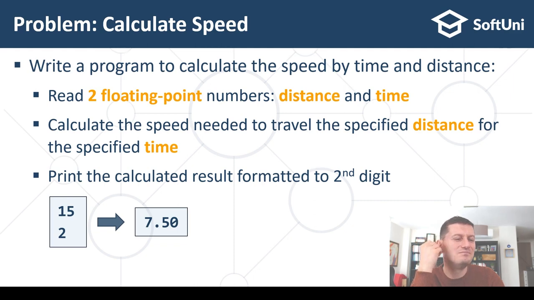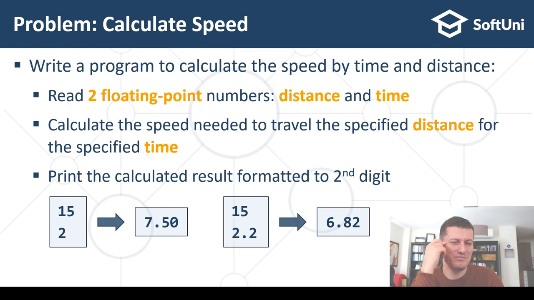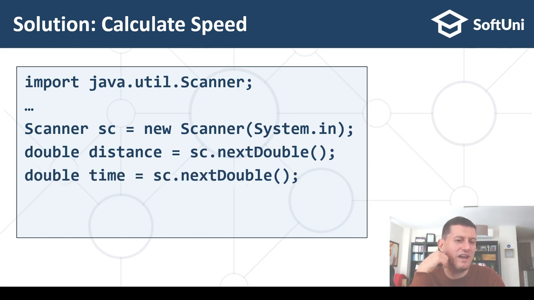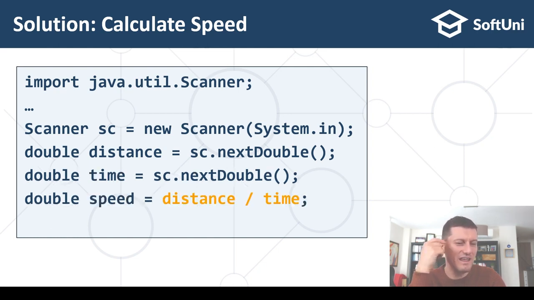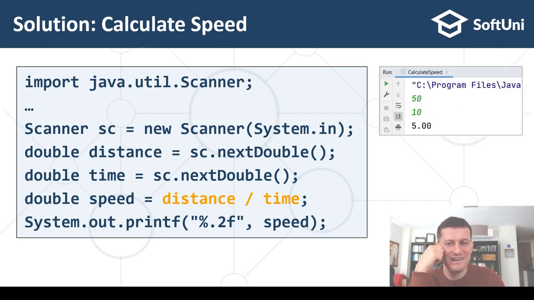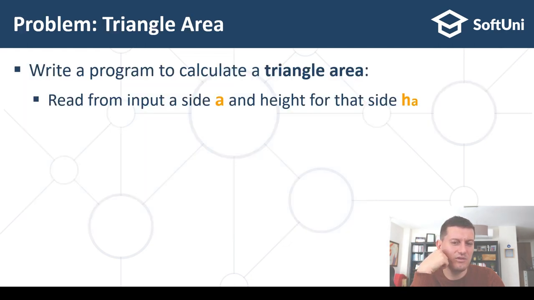The metrics like kilometers, hours, seconds are not important here, because we just need to divide the first number by the second. That's the entire problem. I will not solve it, it's for you, but you can use this as guidance. You read the distance, read the time, divide them, and print the calculated speed in the correct format. It's for homework. So if we enter 50 and 10, the output should be 5.00.